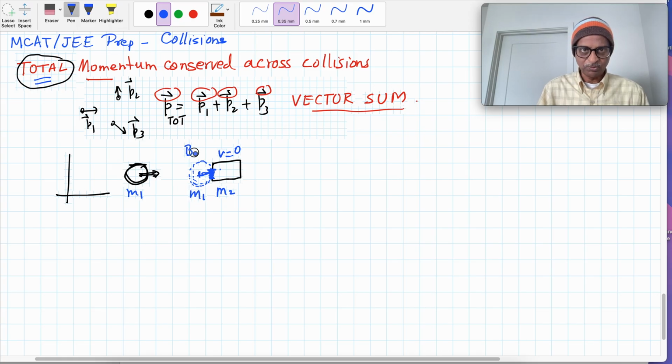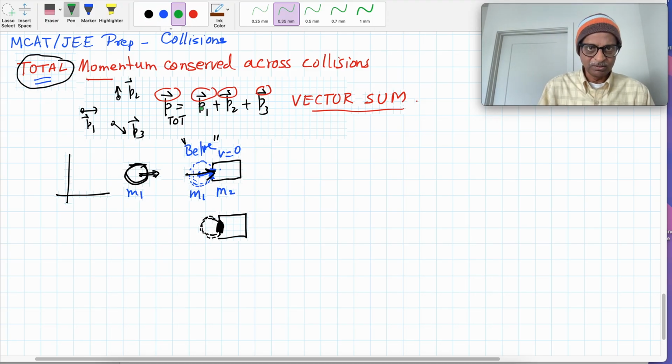So this is just before. If the picture during the collision looks like this, this part and this part get a little deformed.